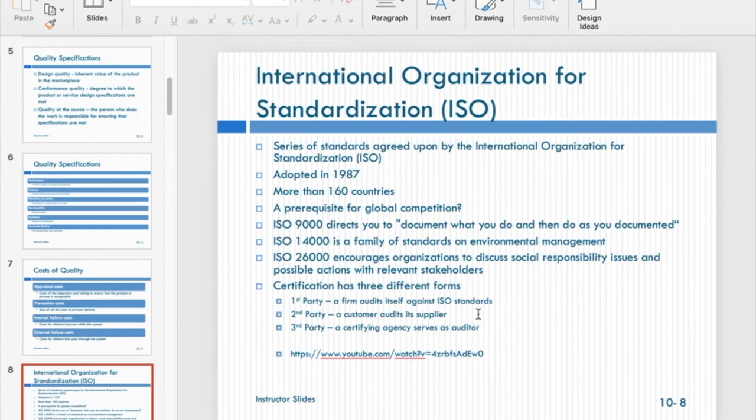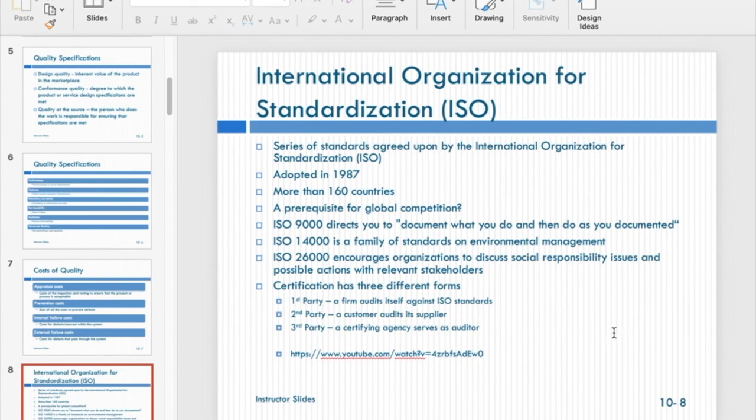And from the customer's point of view, since this is a third party, an agency, an outside auditor, their report would be more convincing and more trustable. That's why it's a balance between the firm and the customer. And now more and more companies are using this way to monitor their quality based on ISO 9000.